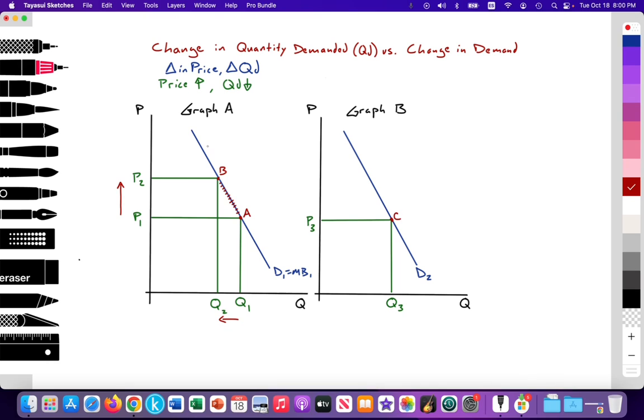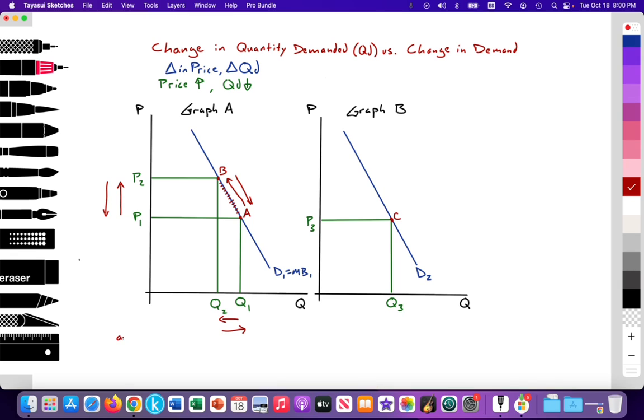And vice versa. If we were starting at a price of P2 and I were to lower that price from P2 to P1, that would lead to an increase in the quantity demand from Q2 to Q1, or from point B to point A. That's a movement up and down the demand curve. Up as a result of an increase in price and reduction in quantity demanded, or a movement down if we were to lower price, that would lead to an increase in the quantity of demand. All right? So I could just make a note here.